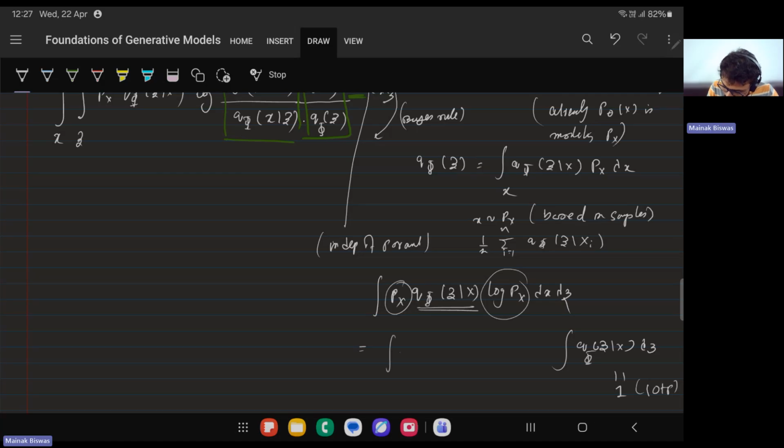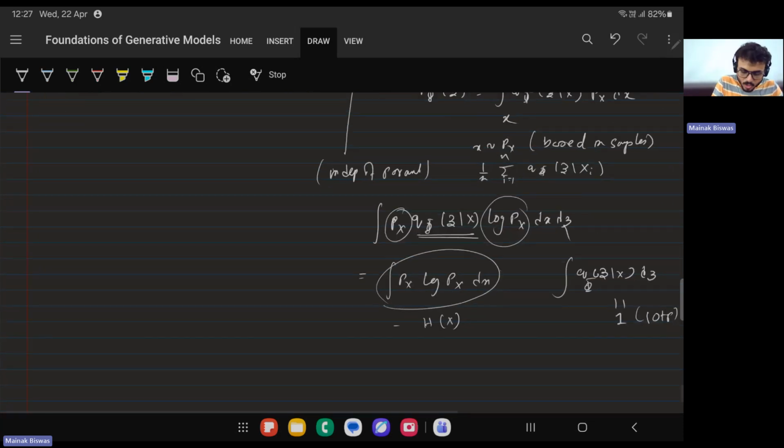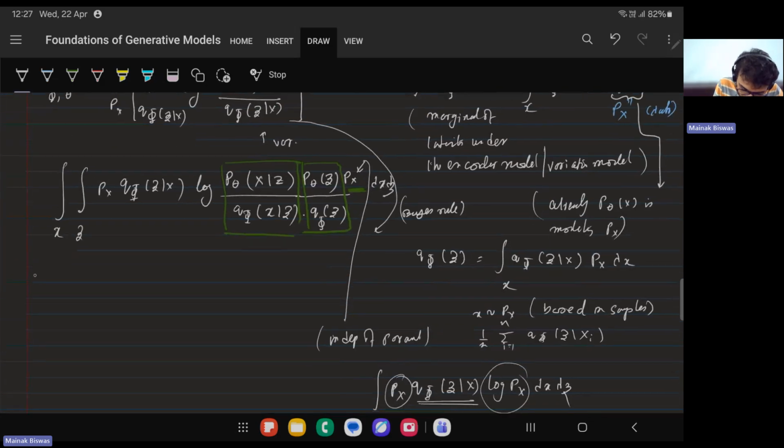And you'll get the integral of p of x log p of x dx. So this is the negative of the entropy of x. And this does not depend on any model parameters, on theta or phi. So I don't need to optimize this. So I will write this as plus some constant, which is independent of the parameters theta and phi.